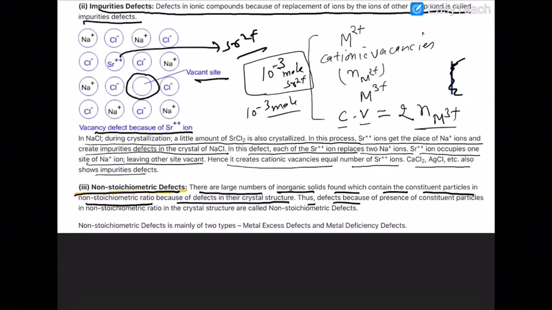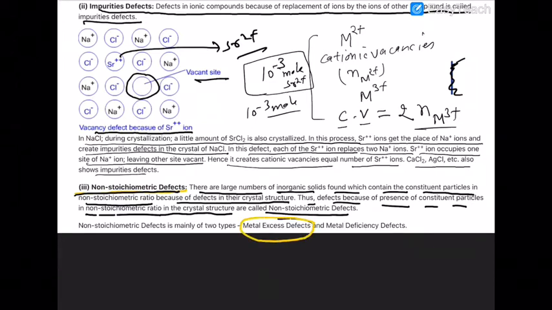Such defects are called non-stoichiometric defects. They are mainly of two types: metal excess and metal deficiency. These are the two non-stoichiometric defects that we are now going to discuss.